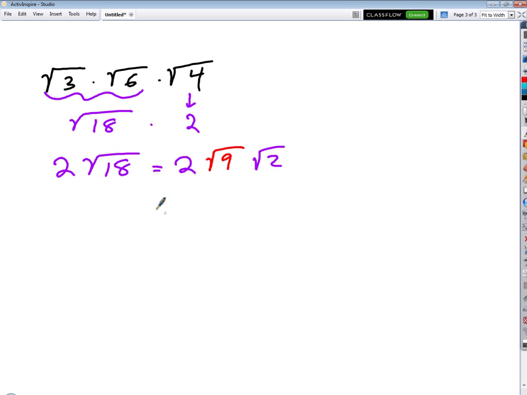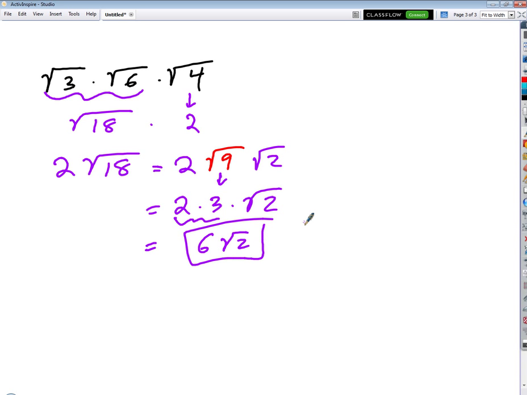Okay, so then we end up with 2 times, what's the square root of 9? 3 times, and we're stuck there, right? Square root of 2, can't do anything to it. That one's just left over. 2 times 3 is, that's our answer. Got that.